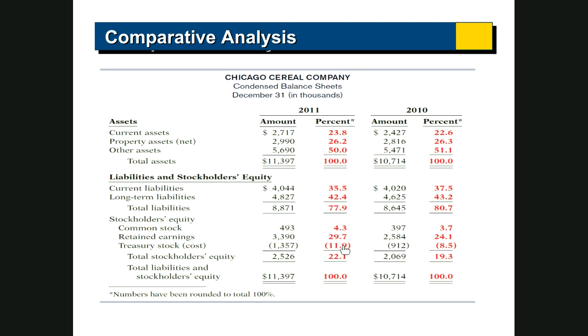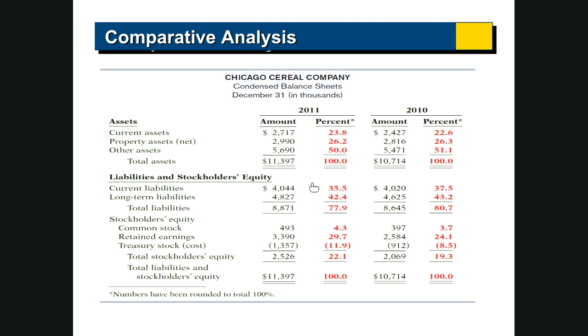You see, the 100% number is the total number for assets, 100% number is the total number for equity. So you see what percentage of the total assets is current assets, and what percentage it was in the previous year. You follow?